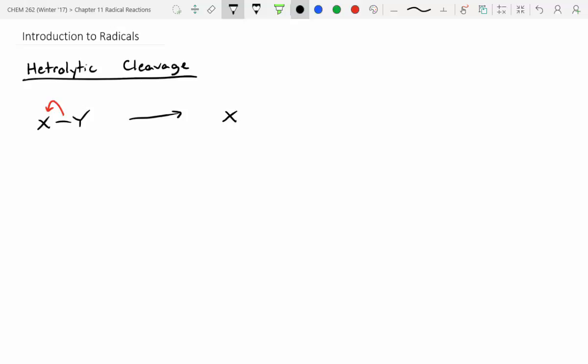And so you end up with X having a negative charge because it now has a lone pair, and Y has a positive charge because it's missing electrons, right? So in this sort of reaction, essentially you're forming anions. And the key is it involves a movement of a pair of electrons.